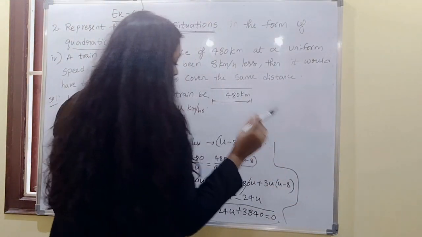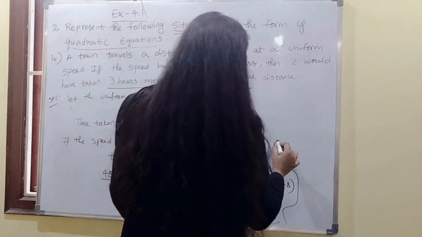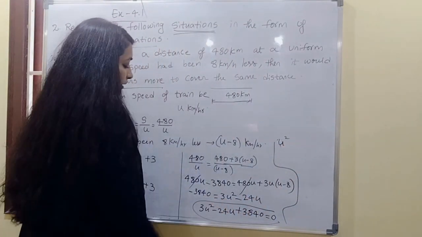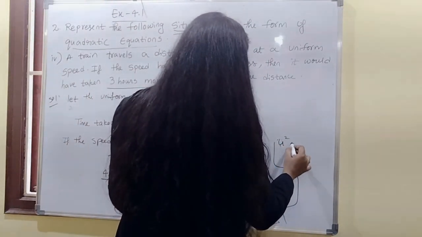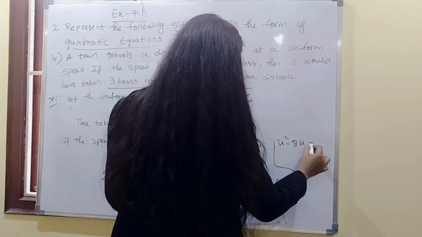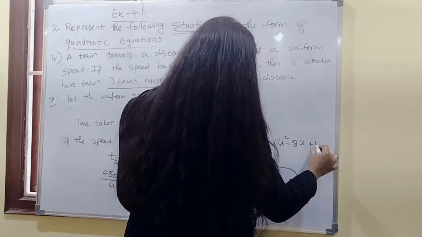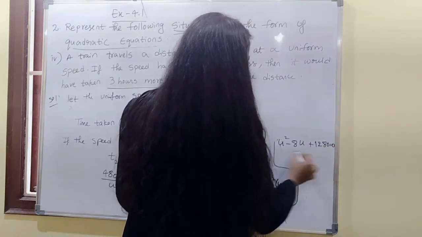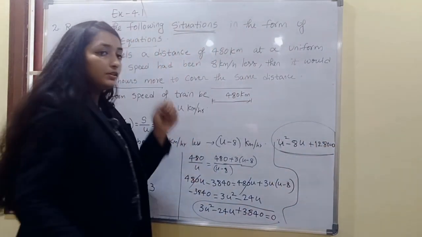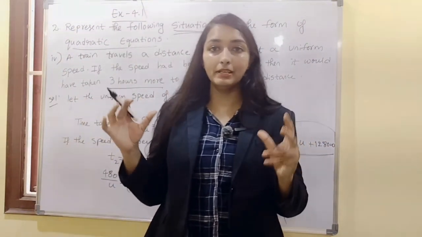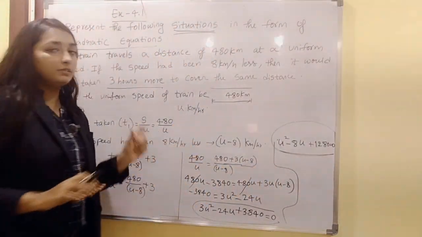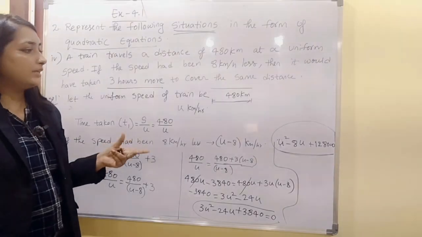Divide this equation by 3, so u square minus 8u plus 1280 is equal to 0. We have represented the given situation in the form of ax square plus bx plus c is equal to 0.